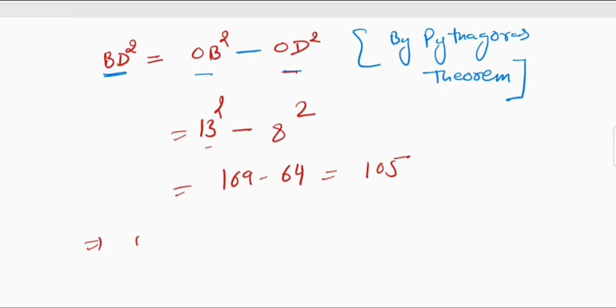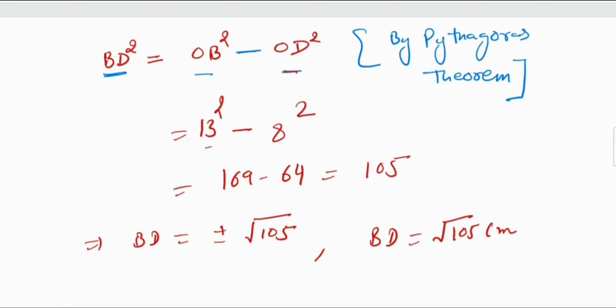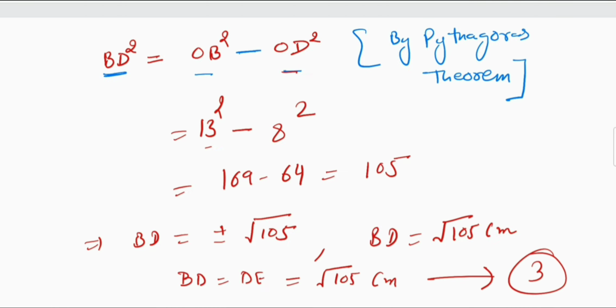So this implies BD is equal to plus minus square root 105. We'll discard the negative value and take BD as square root 105 centimeter, and we know BD is equal to DE, which is equal to square root 105 centimeter. So let me mark this as the third equation.